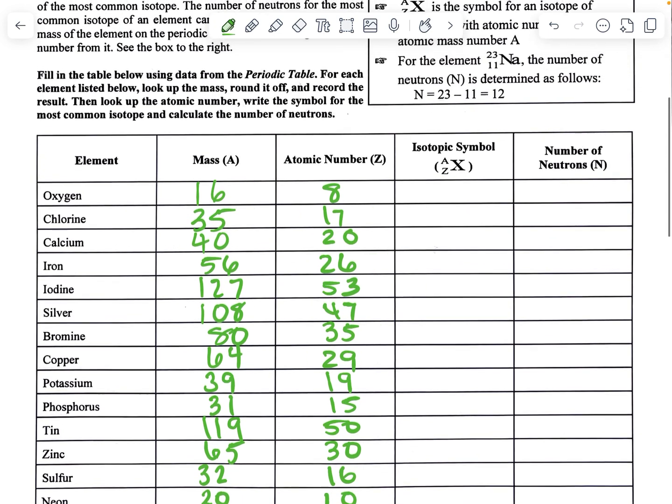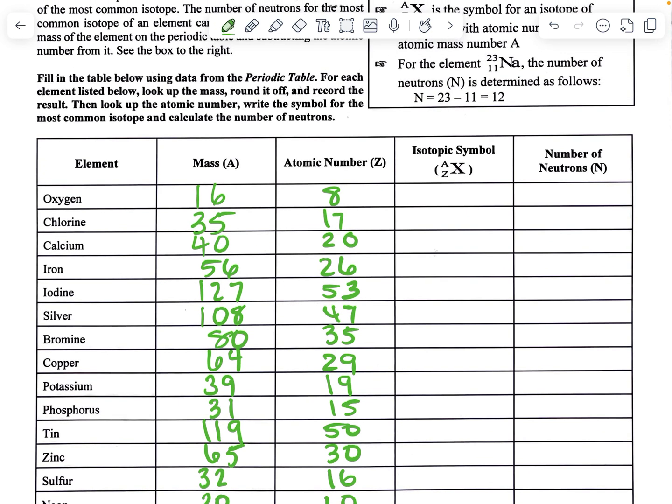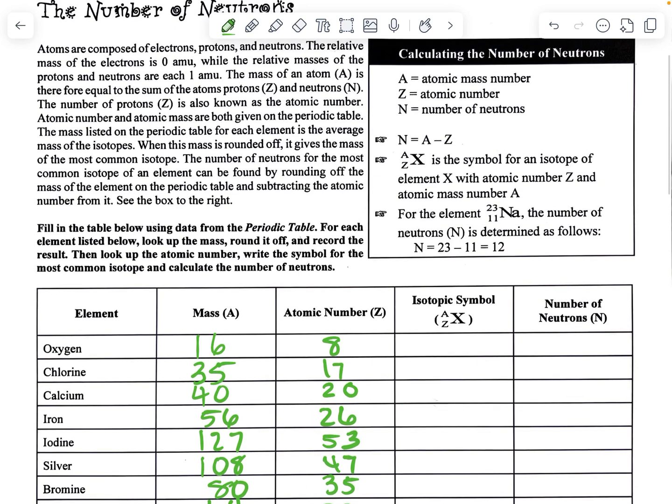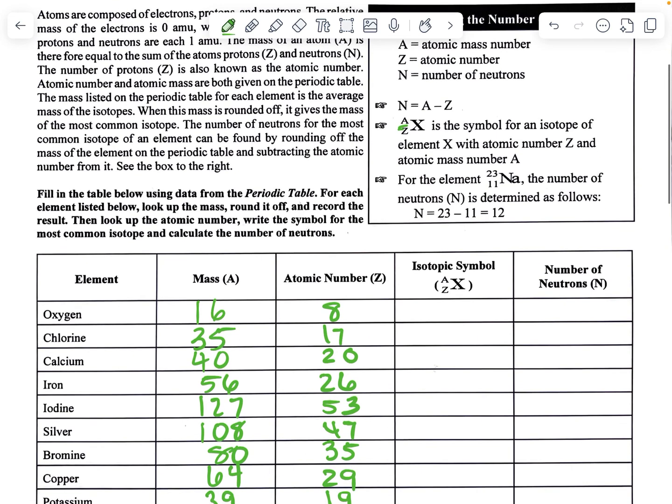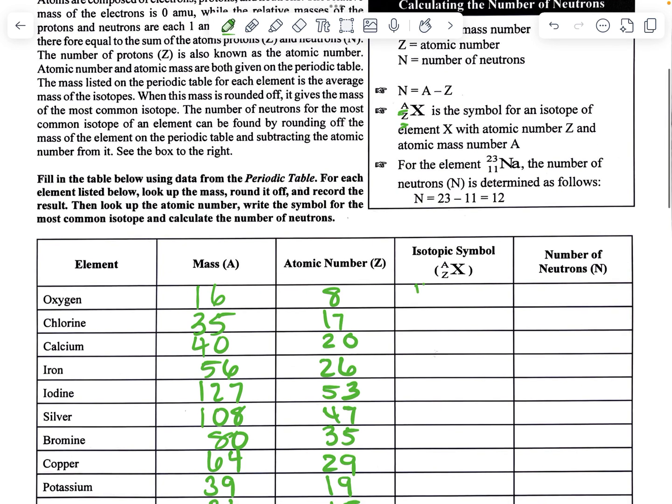Okay, so then we're going to take this information and put it in an isotopic symbol. So the mass number A goes in the top left. The Z, or atomic number, goes in the bottom left, sort of like a fraction, but we don't put a line between them. So this would be 16/8. And then X is your symbol from the periodic table.